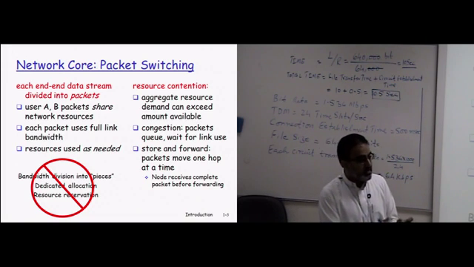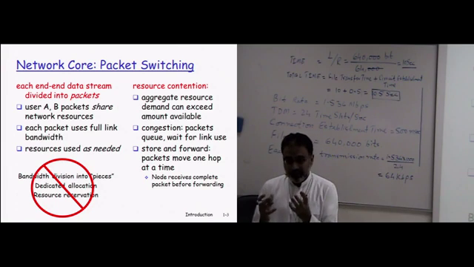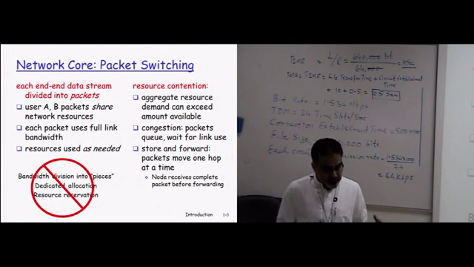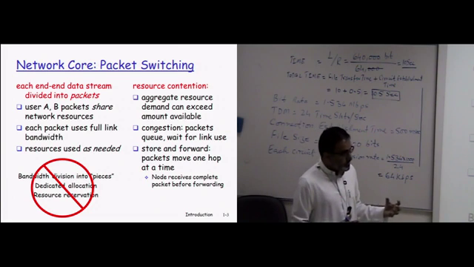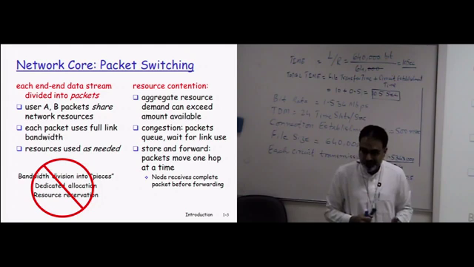As we said, resources are being shared. Even the link, routers, and switches are all resources which will be shared over the internet, as the internet is a packet switch network. If the resources are shared, it means multiple users will be competing to get a share of those resources.